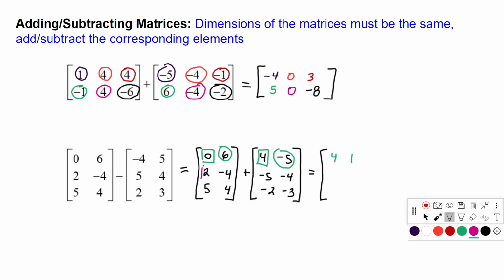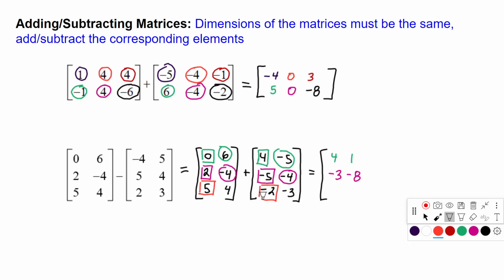Second row, first element is 2. Add that to second row, first element of the second one. So we have 2 plus negative 5 is negative 3. And then we have negative 4 plus negative 4 is negative 8. And finally, we have the third row, first element.